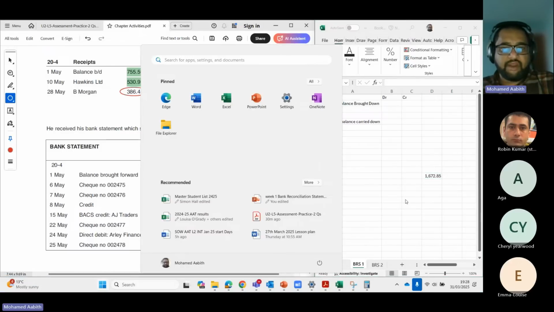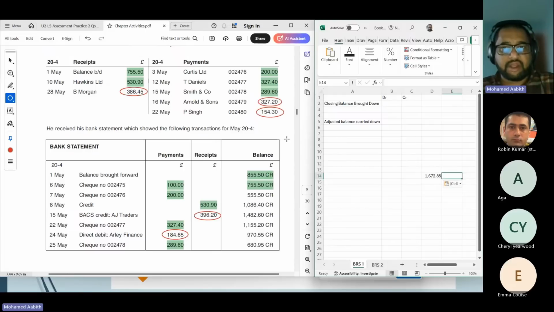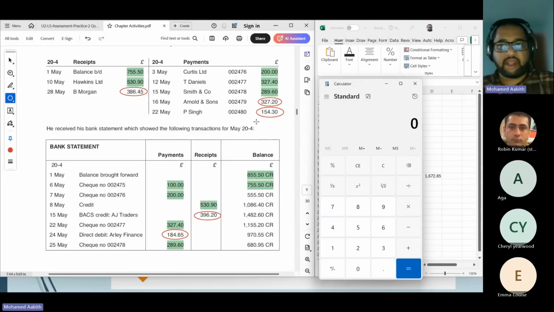Okay, then we look at the credit side now. The credit side is going to be, where's my calculator? There we go. 200 pounds plus 327 pounds 40 pence plus 289 pounds and 60 pence plus 327 pounds 20 pence plus 154 pounds and 30 pence.